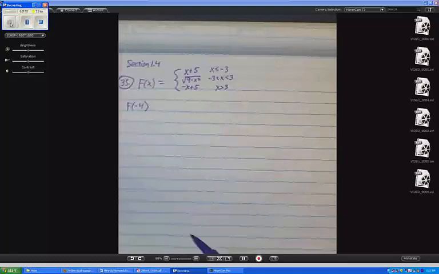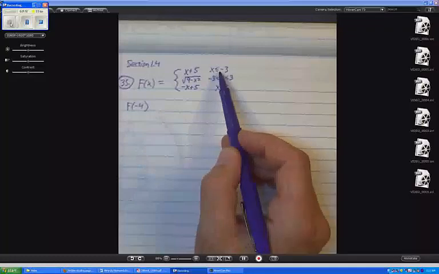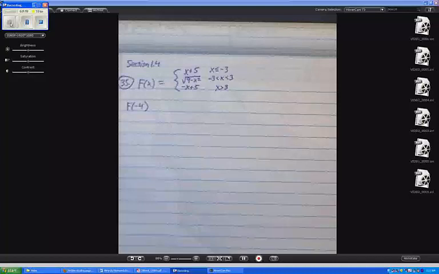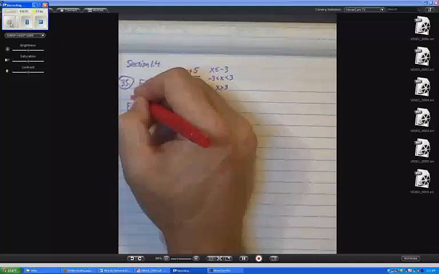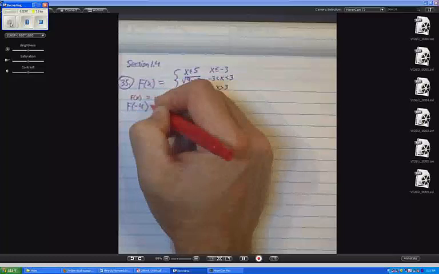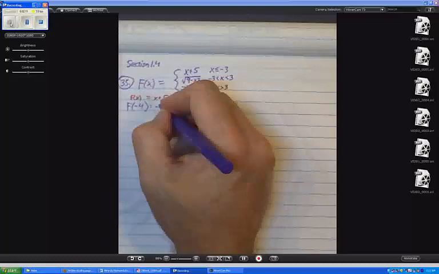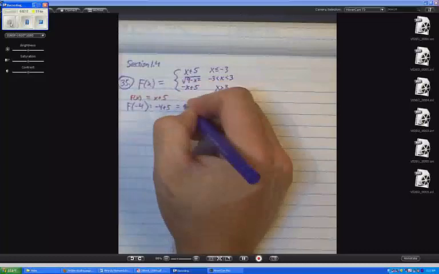Because negative 4 is smaller than negative 3, we're going to use f of x equals x plus 5 to figure this one out. So I get negative 4 plus 5, I get positive 1.